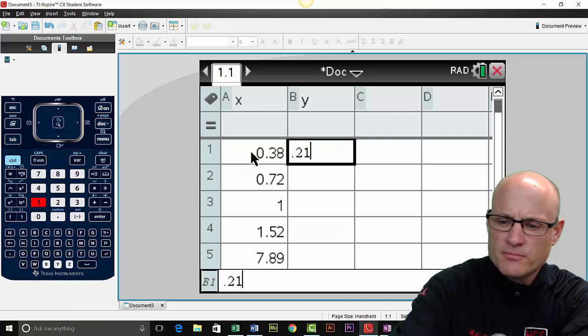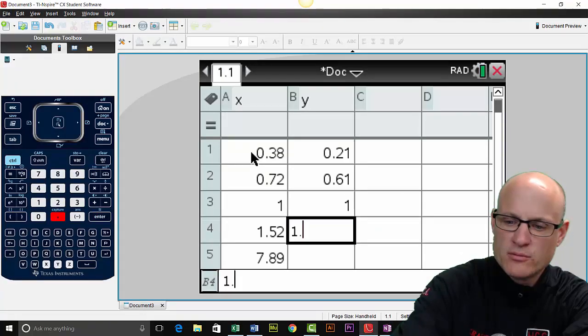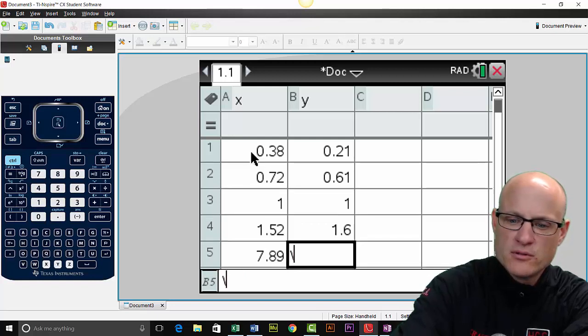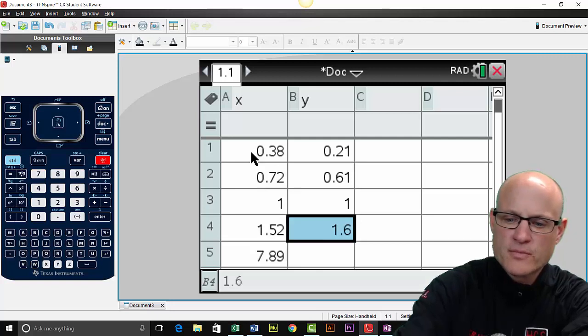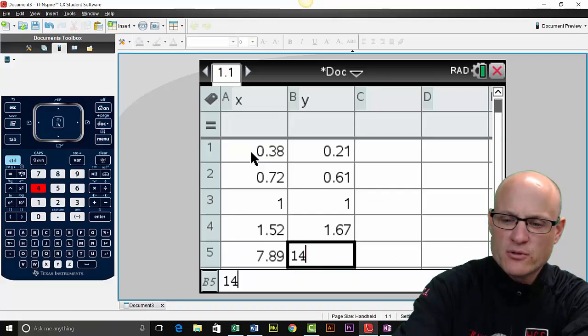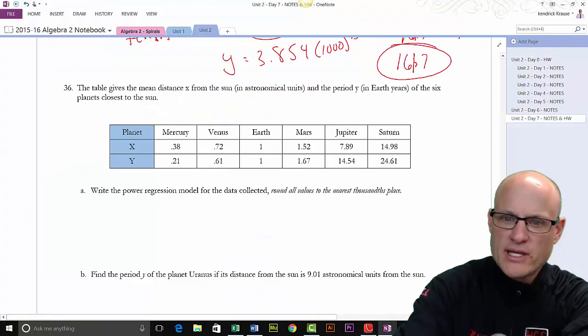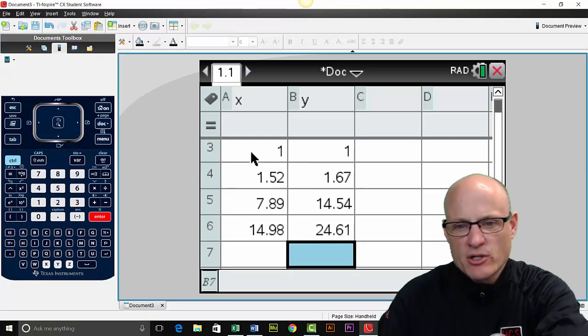Then 0.21, 0.61, 1, 1.67, 14.54, and 24.61. All right, we got them all in.